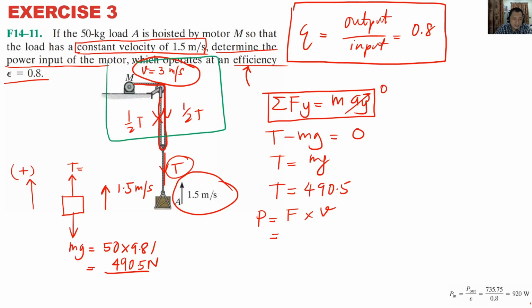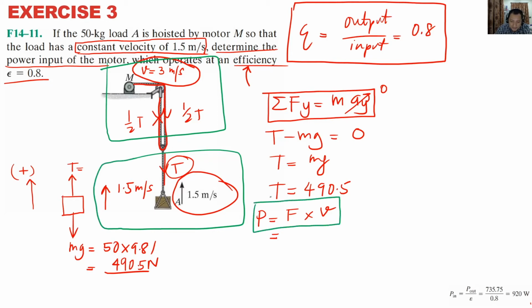If you want to analyze at the motor, you have to use half T, half T. If you want to analyze the system, you can use T only. So this one you have to decide. We have previously proven this one. If you want to solve here, solve here. So I choose to solve here.